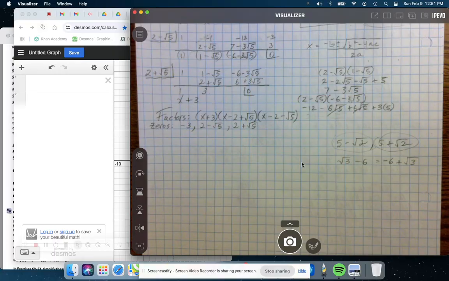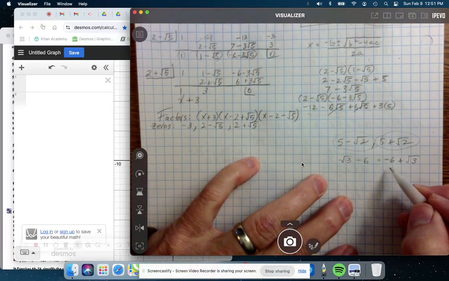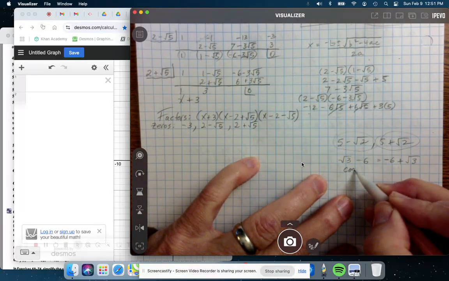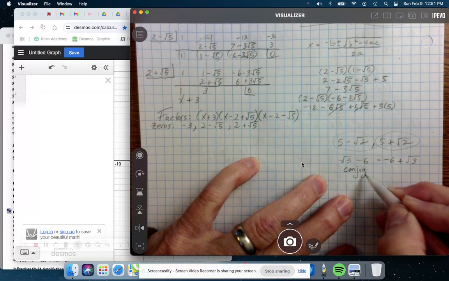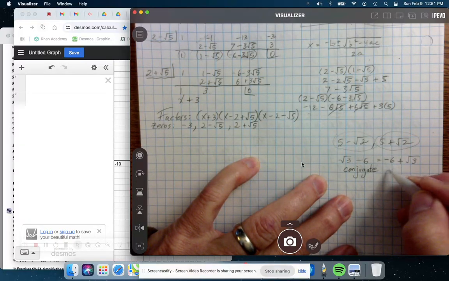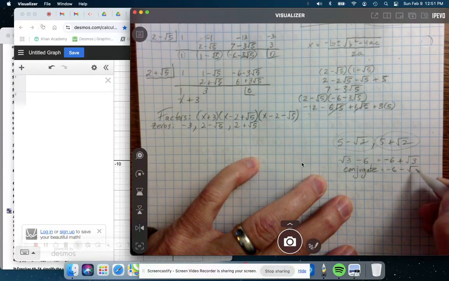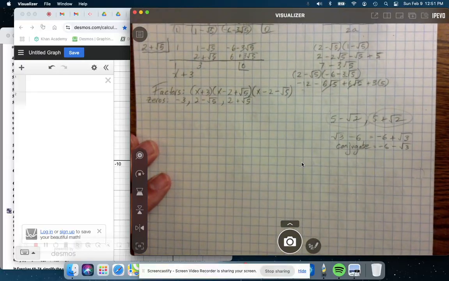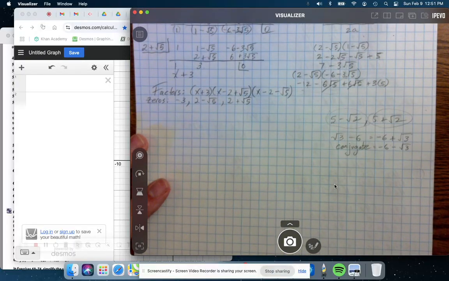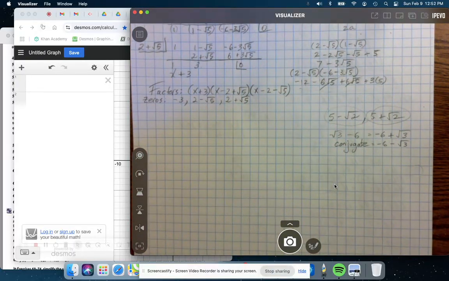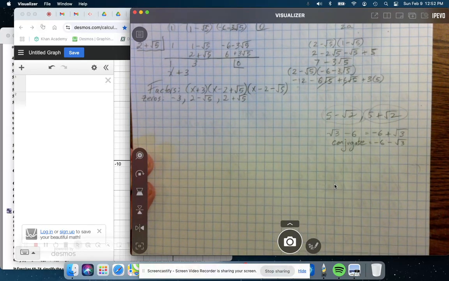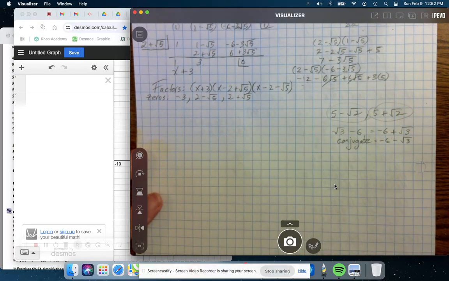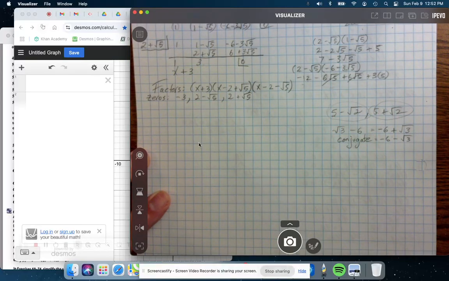If that's a 0 of a polynomial, then the conjugate is going to be negative 6 minus the square root of 3. All right, so now you know what conjugates are, and we use them a lot when we get into the next section, which has to do with imaginary numbers and complex numbers. All right, so let's see what else we've got here.